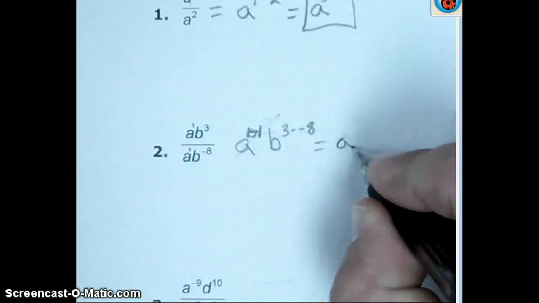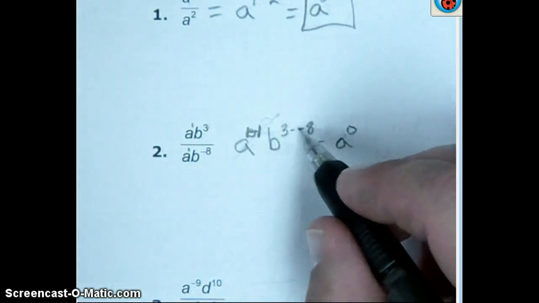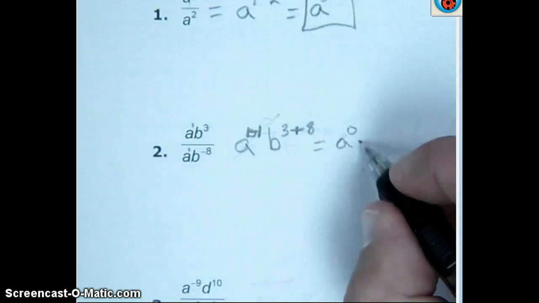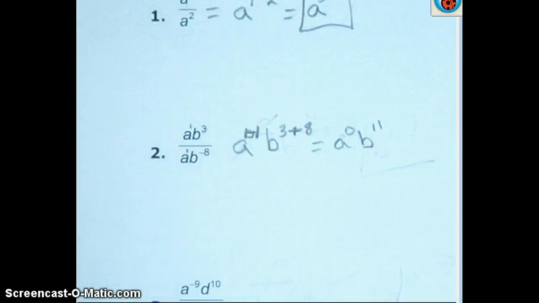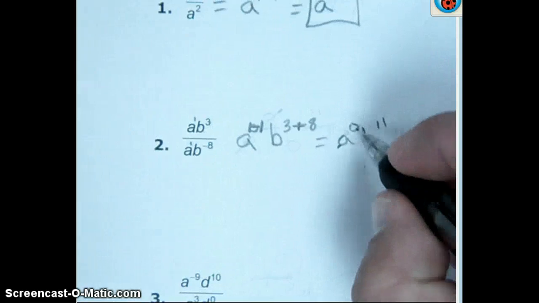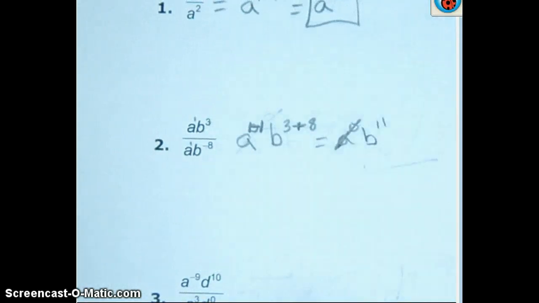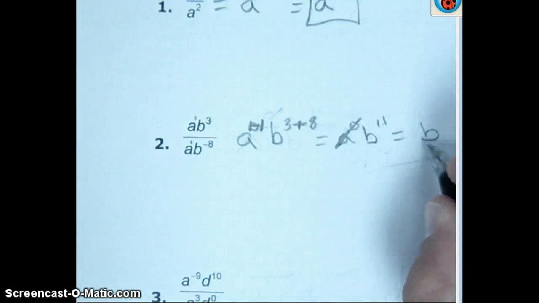We end up with a to the 0 and b to the 3 minus a negative 8, that's really 3 plus 8, which makes b to the 11. Now, after I've done the law, I see a to the 0 power. Remember, anything to the 0 power cancels out to just 1. And if all I have left is b to the 11th, that's going to be my answer.